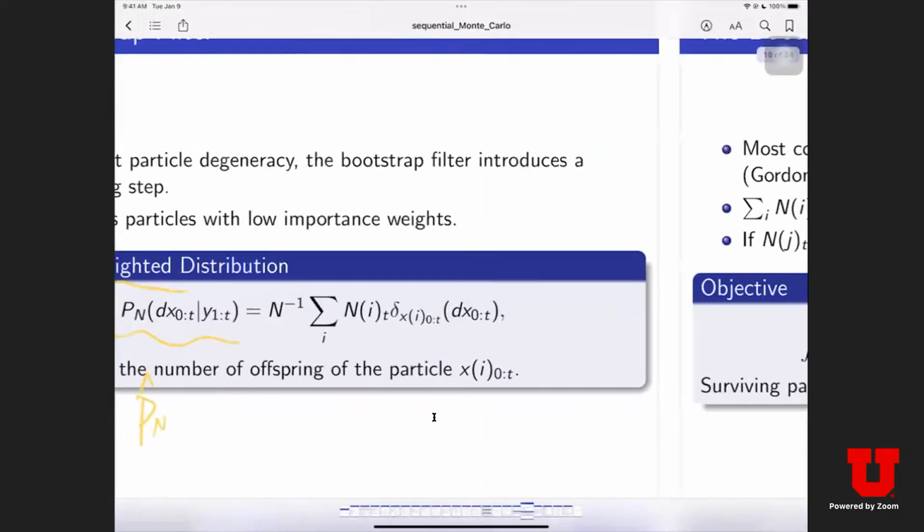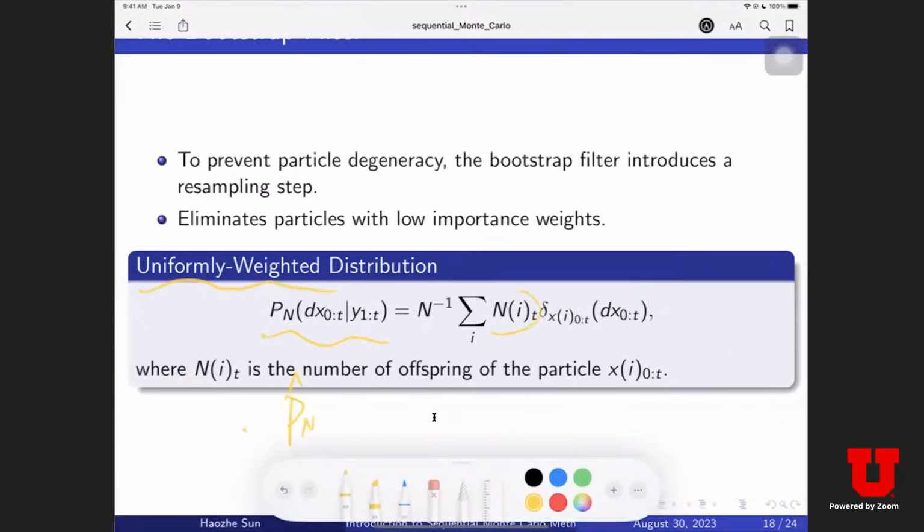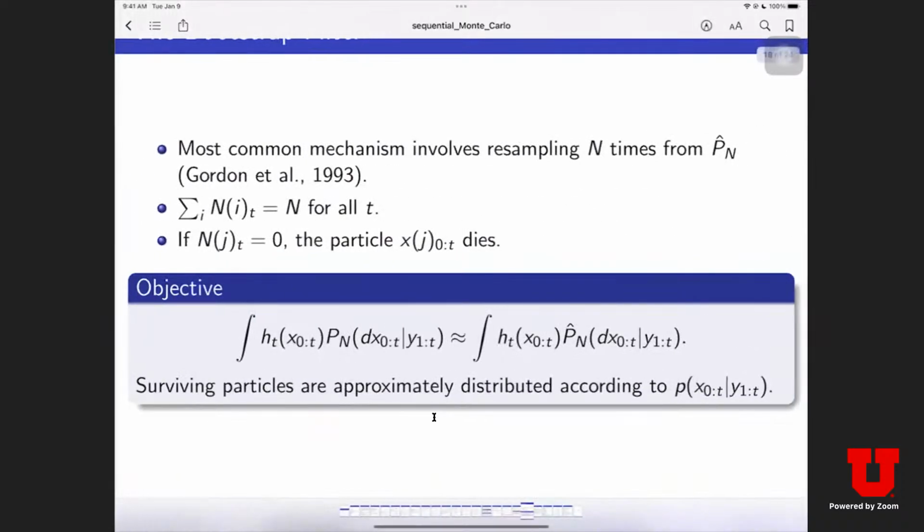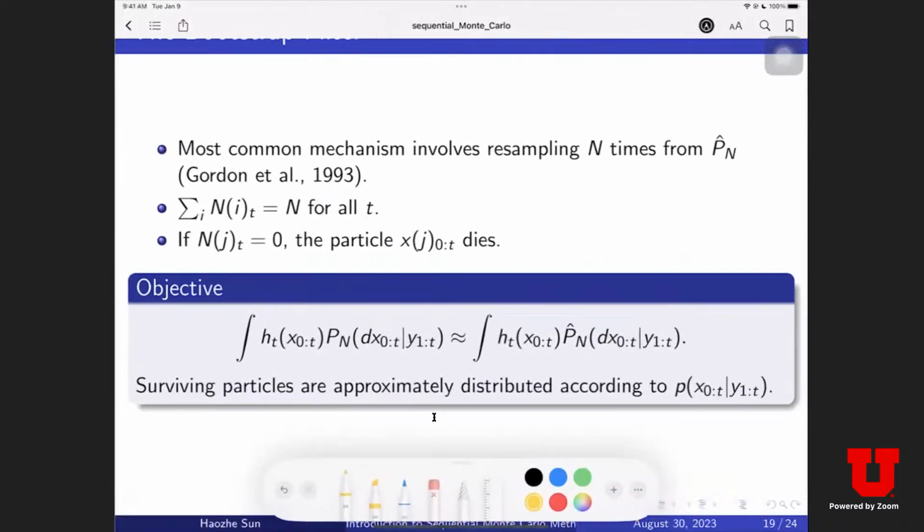And Ni is the number of offspring of the particle xi. And if the Ni equals 0, the particle x dies.